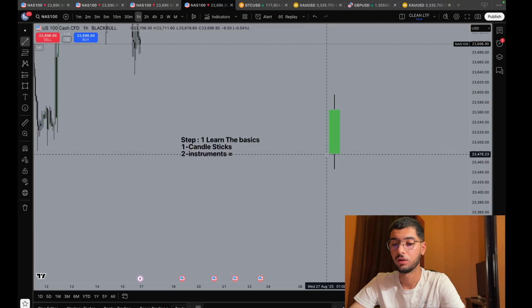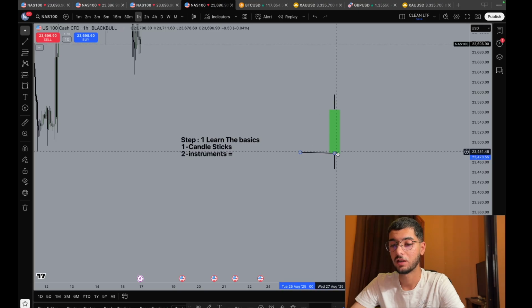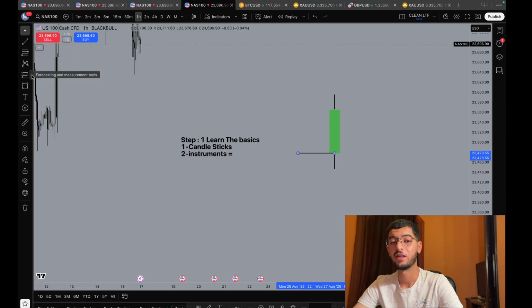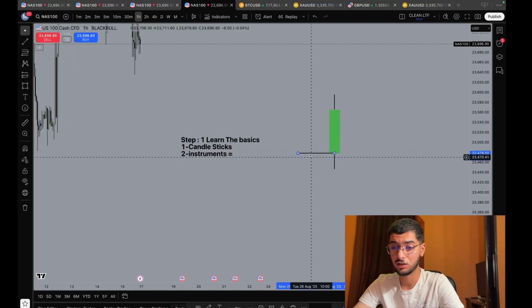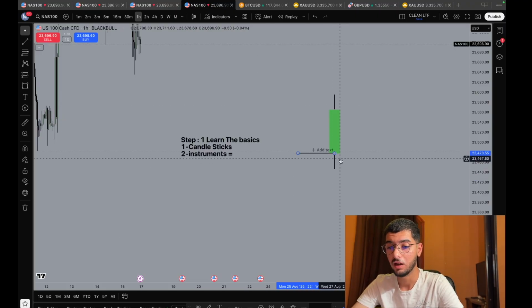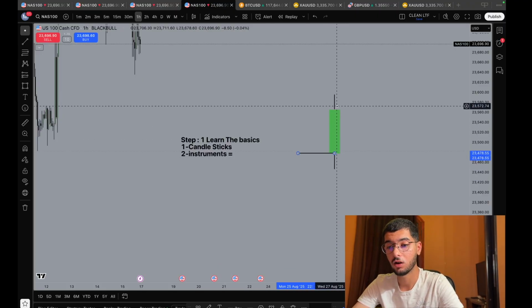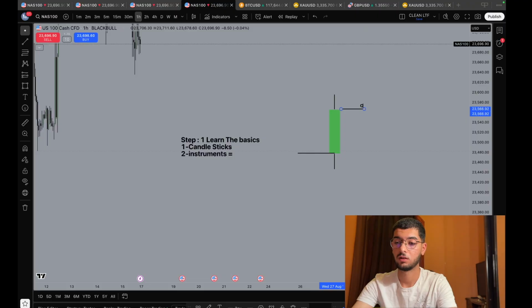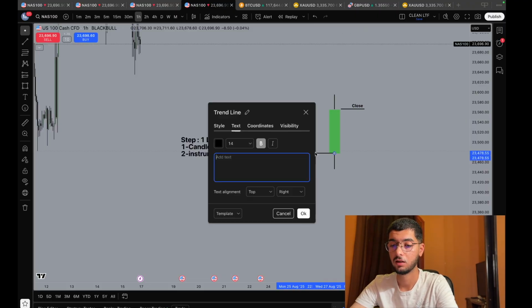Well, first of all, a bullish candle opens here. So this is where it opens, and that's important because that's the start where the candlestick starts forming. So it opens here, and then it goes down here. That's a wick. If it goes down here and then goes up, this is the close. Let me just show you quickly. This is the close, and this is the open.